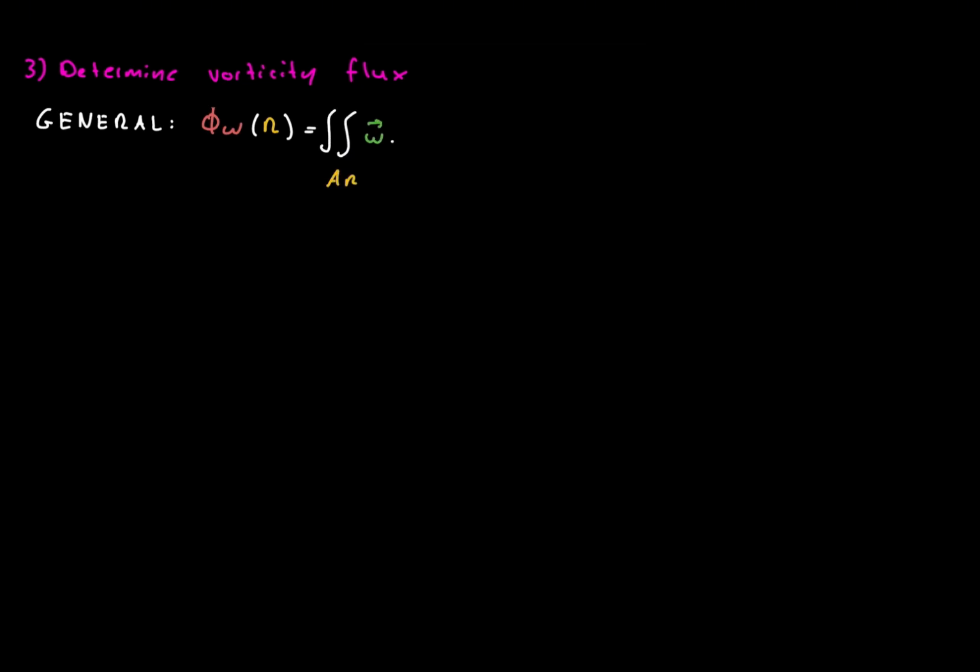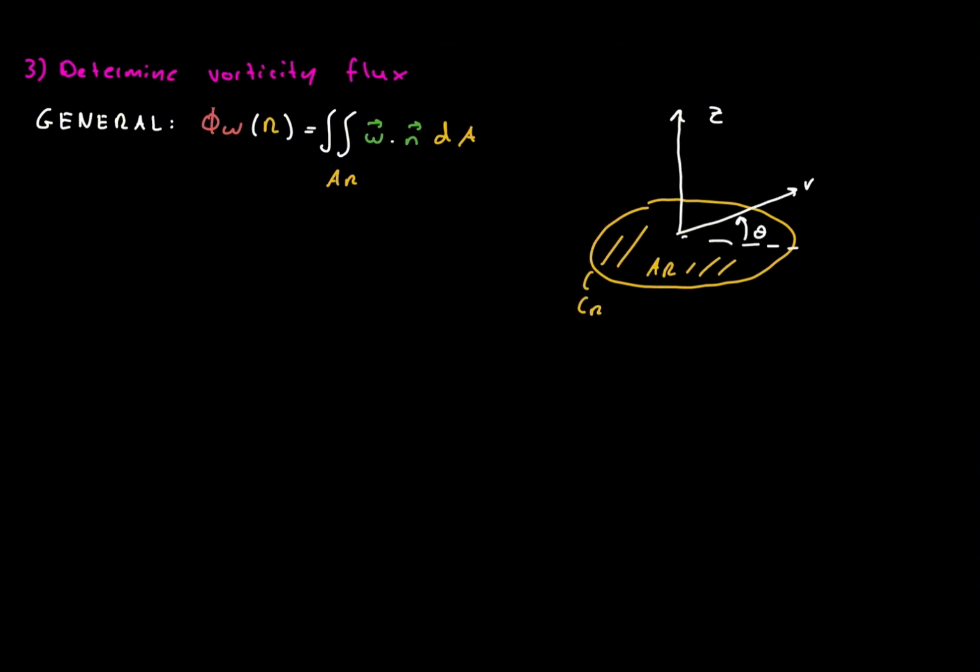Finally, we compute the vorticity flux through the disk enclosed by the circle. The flux is defined as the surface integral of the vorticity dotted with the surface normal. The disk lies in the xy plane, so the normal vector points in the positive z direction.